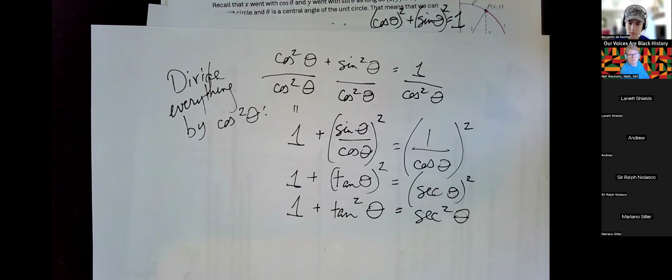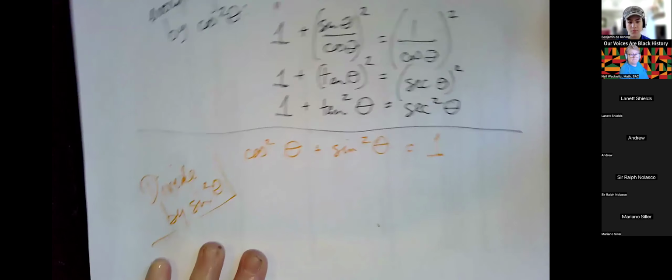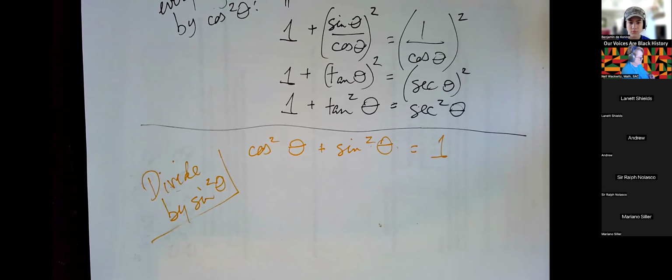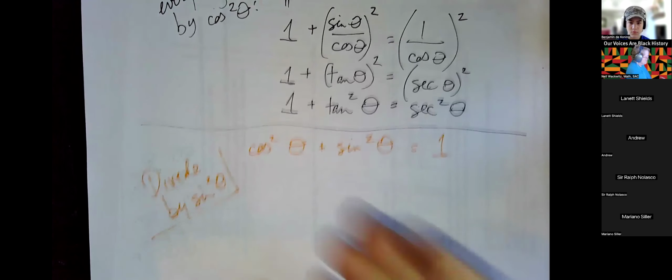And let's do the same thing, but this time we've got cosine squared theta plus sine squared theta equals 1. And let's divide each term by sine squared theta.